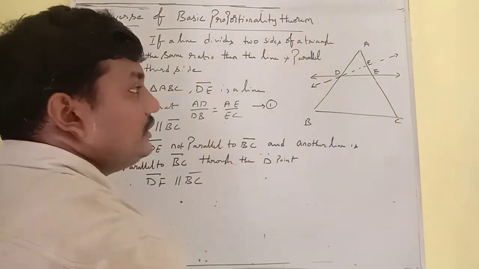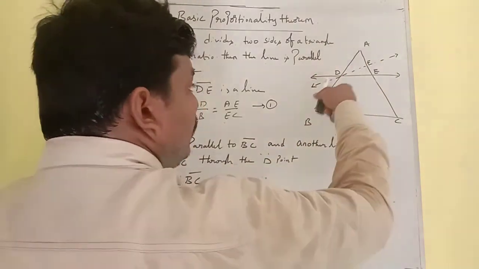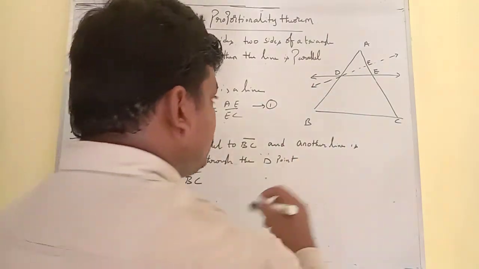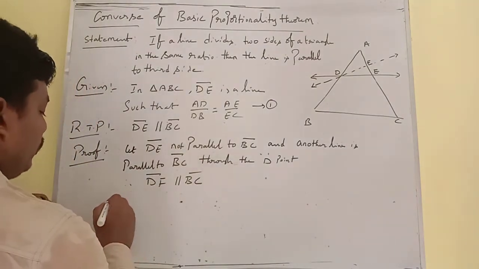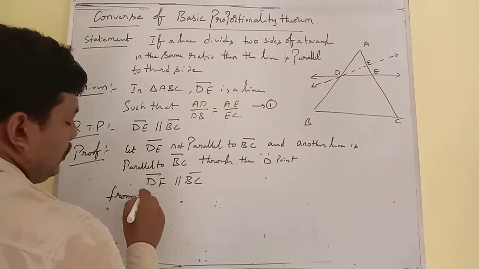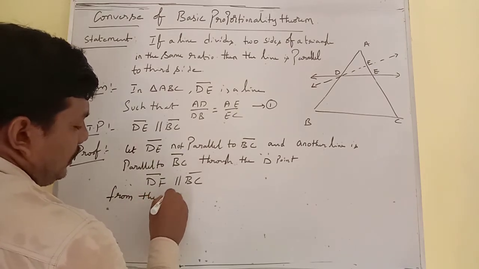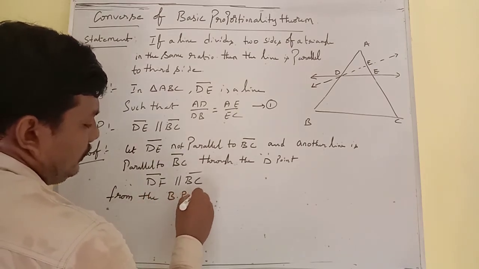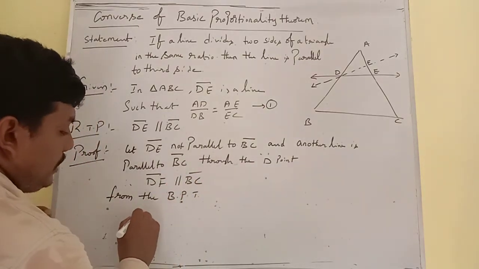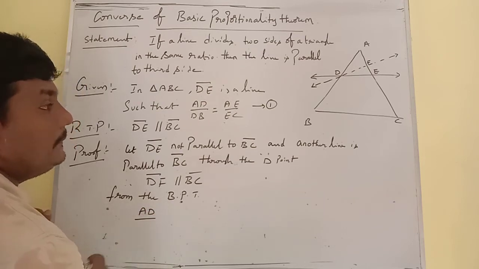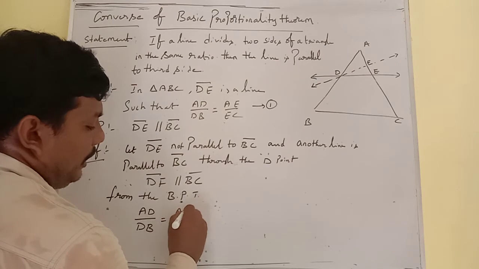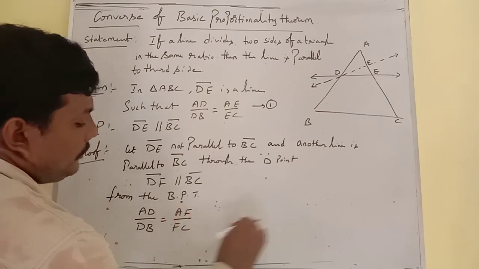line divides the other two sides at distinct points, and that line divides the other two sides in the same ratio. That is the basic proportionality theorem. Therefore, from the basic proportionality theorem, we concluded that AD by DB is equals to AF by FC.